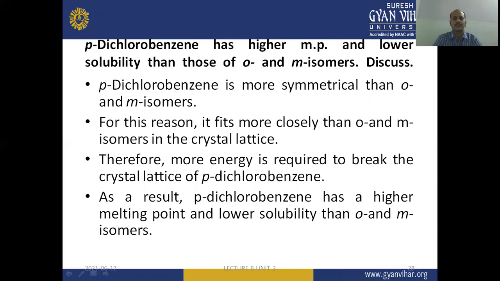For this reason, it fits more closely than the ortho and meta isomers in the crystal lattice. Therefore, more energy is required to break the crystal lattice of para-dichlorobenzene. As a result of this, para-dichlorobenzene has a higher melting point and lower solubility than ortho and meta isomers.